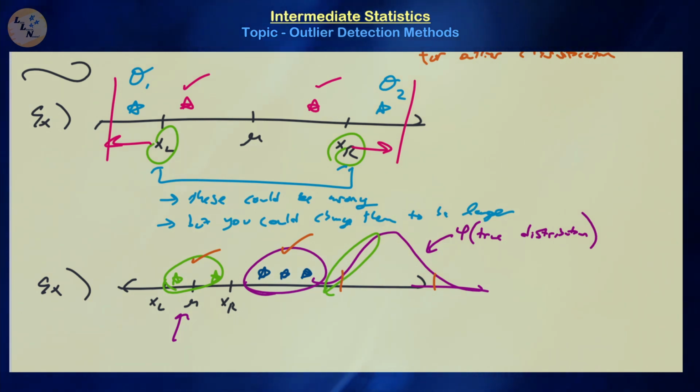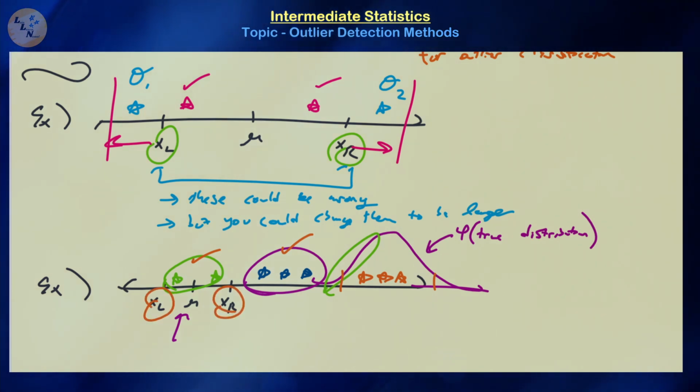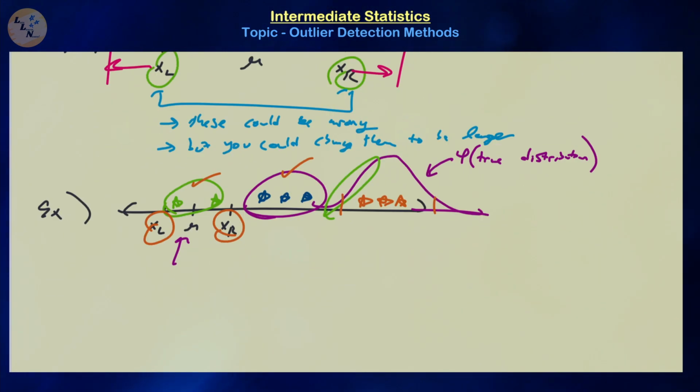Now these points, let's put them in orange, are going to be classified as outliers because they fall outside of the XL and XR boundary, but they actually belong to the actual distribution that we're sampling from, right? So notice that there are a lot of downsides to this process, but again, that's the downside of outlier classification, because you have to know the distribution you are sampling from.